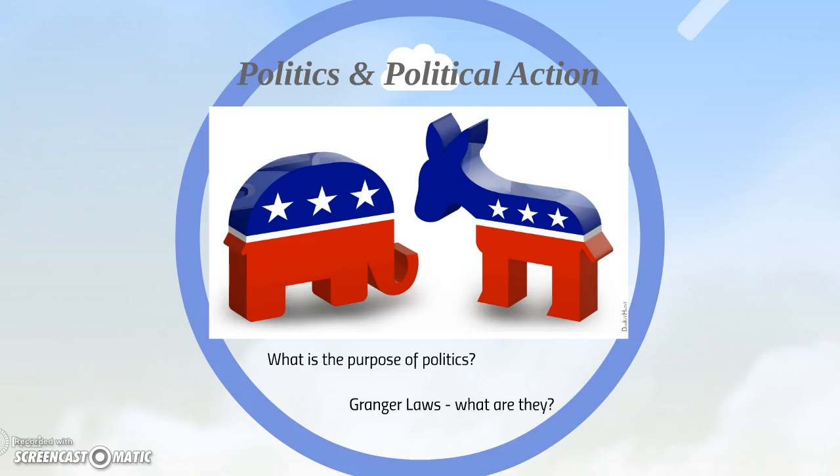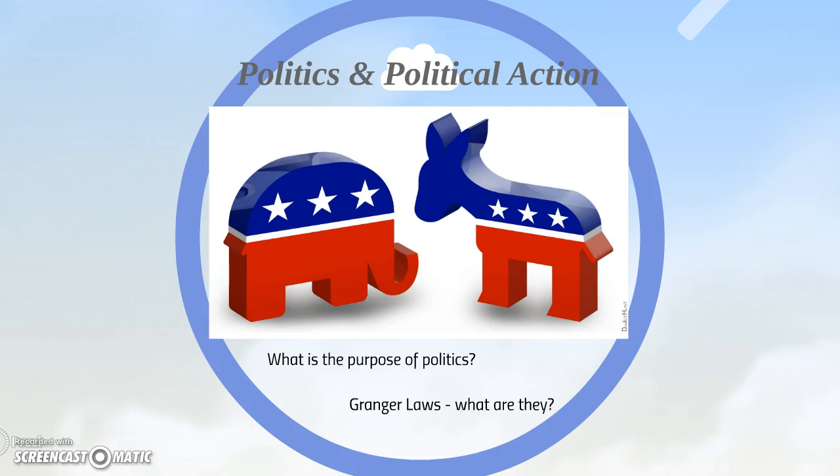So who is this? The People's Party, or the Populist Party, replaces the Farmers Alliance movement. Farmers realized that the only way they could win their fight against the big railroad trusts and against the banks to whom they were greatly indebted was to form, again, a new political party. And this third party, again, there were the Republicans and the Democrats already, the two main parties in the United States, then and now.